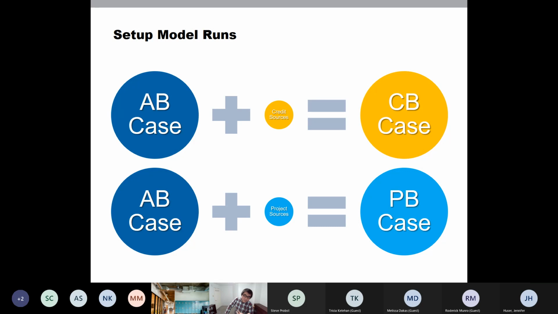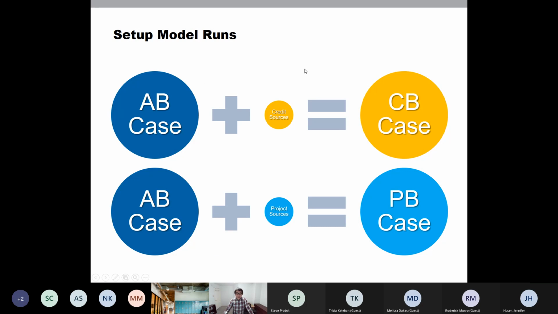The difference between the emission input from the AB and the CB case is only that we added a few sources. And the same idea applies for the project sources. The project sources are a little bit more intuitive, because you are building a new source, so you put the new emissions into the AB case and make the project baseline case.